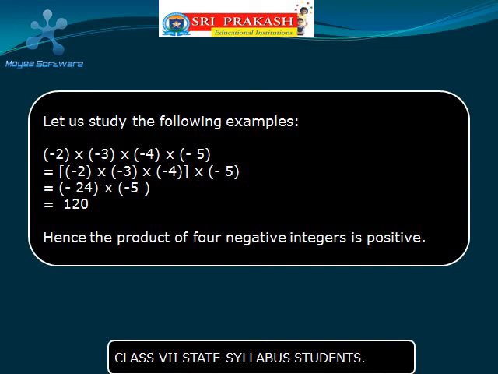So the given problem will be minus 24 into minus 5. When we multiply two negative integers, the sign of the product will be positive. Hence, the answer will be 120. So, the product of four negative integers is positive.